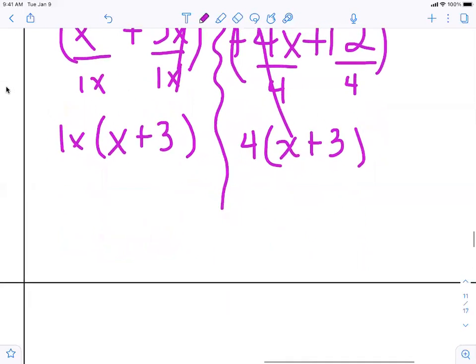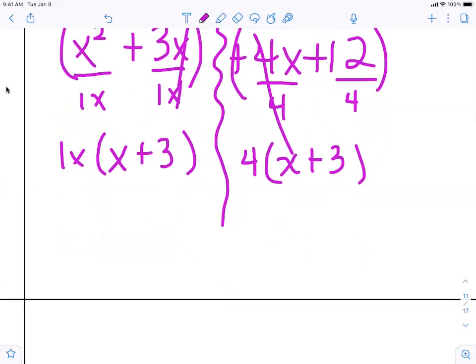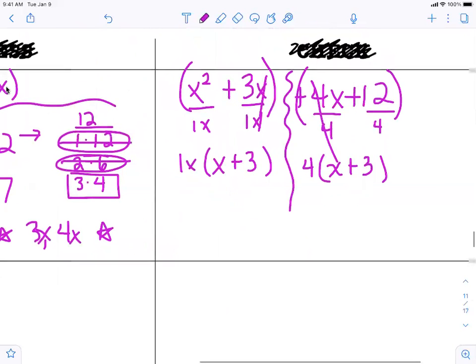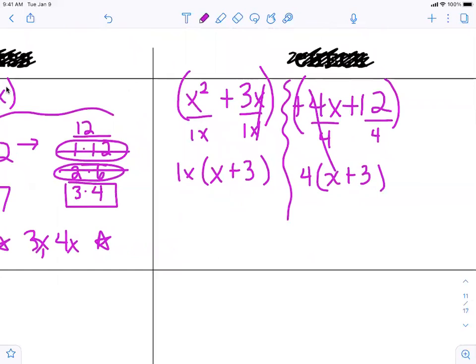Now, you'll probably get to this stuff and you're like, Ms. Hardy, I see something that's similar about them. So once we actually group and factor them, the awesome part about this is now these two pieces of the problem, they're always going to have something in common. And that is this part right here. What this tells you is we now know what our final answer should be.